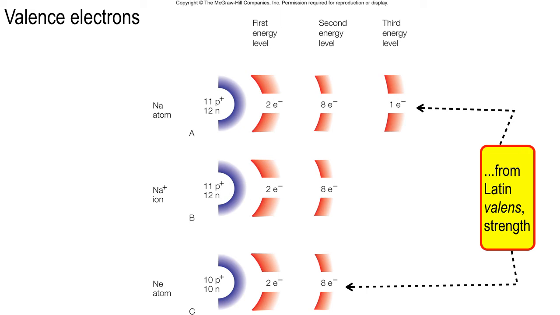So that's what a neutral neon atom is going to look like. And that's what these energy levels look like. So the way that compounds bond together, they try to either empty that outer one or fill the outer one. Now, sodium, like lithium, is going to be easiest to steal that outer electron.